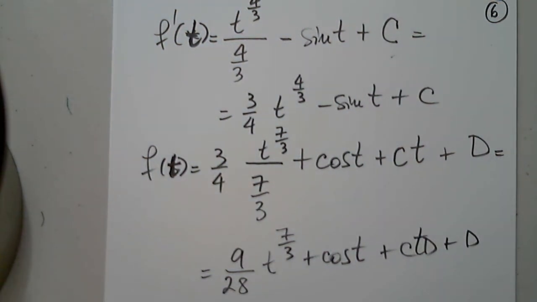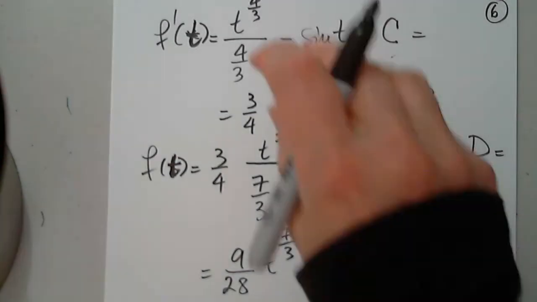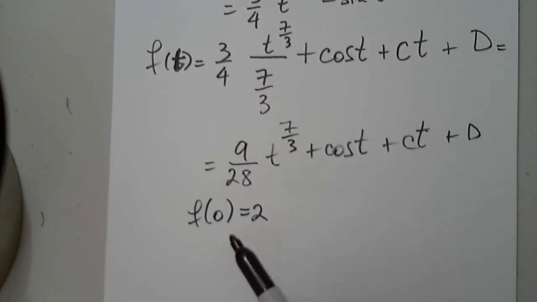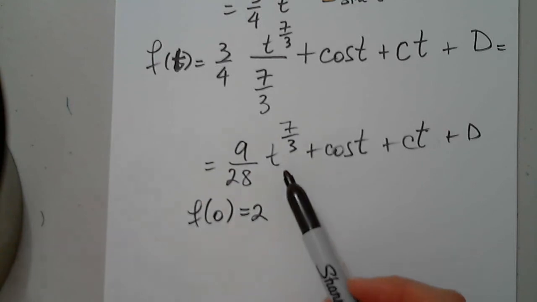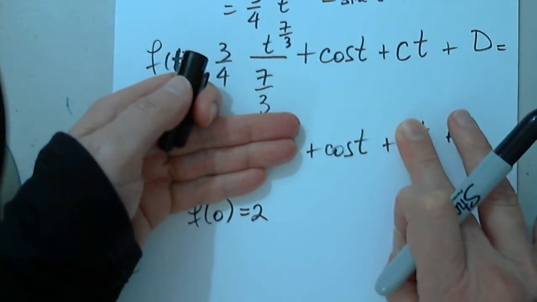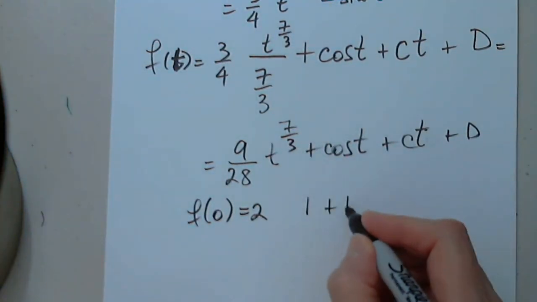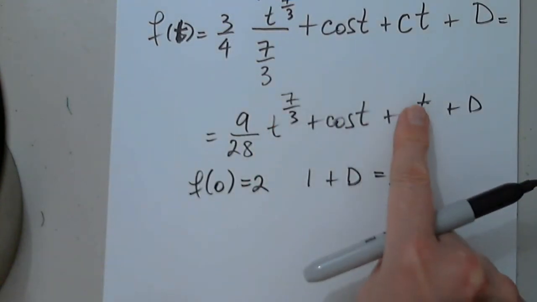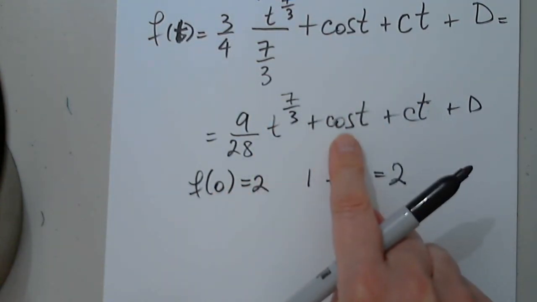Now we go back to our given conditions, initial conditions. And we have f of 0 is 2. So f of 0, this is 0, but cosine 0 is 1.